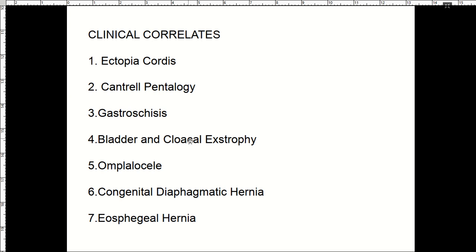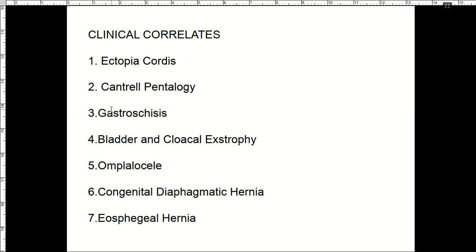We also have bladder and cloacal exstrophy. We are just talking about abnormal body wall closure in the pelvic region, right? And usually this one in males is going to be associated with what you call epispadias.